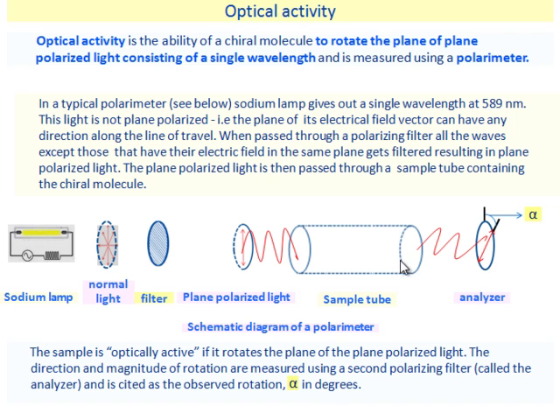The sample is optically active if it rotates the plane of the plane polarized light. The direction and magnitude of rotation are measured using a second polarizing filter called the analyzer and is cited as the observed rotation alpha in degrees.